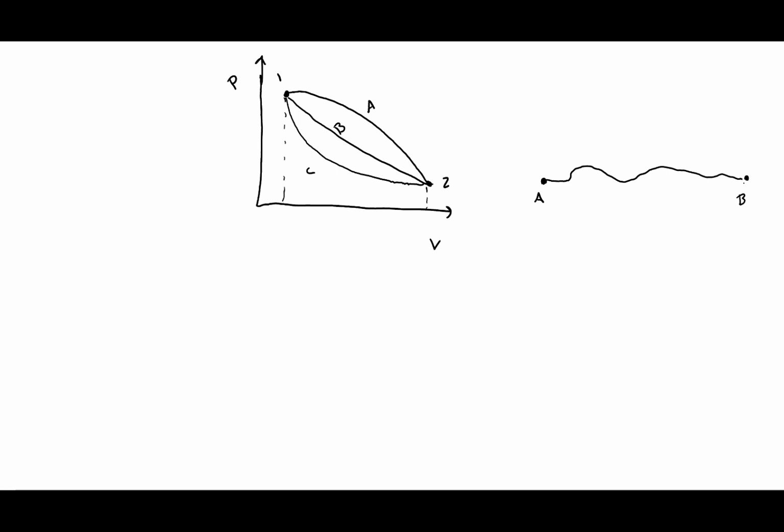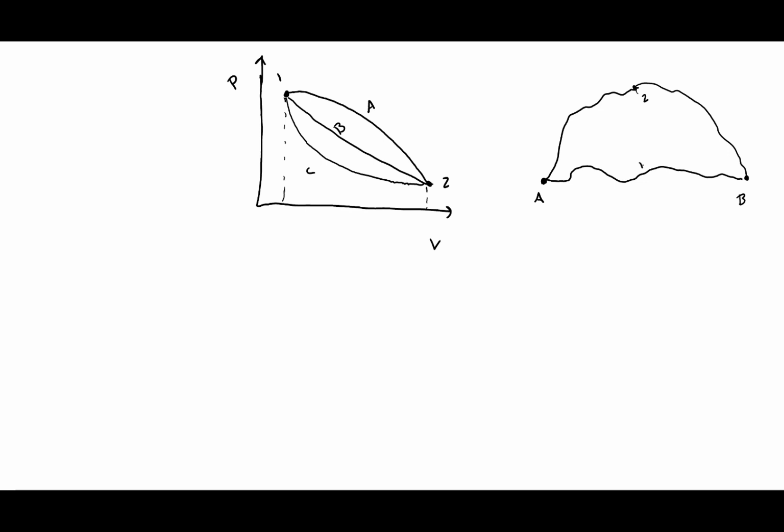But let's say that we want to do a detour. Let's say that we go all the way up here, maybe do something on the way, and then we get there. So you can see that we've done more work to go from A to B in the second path versus the first path. So that's why the amount of work done depends on the path taken.